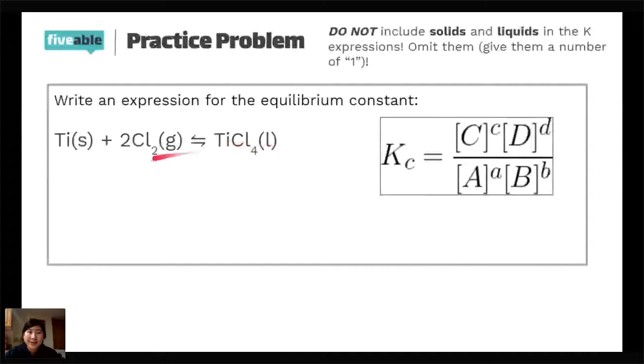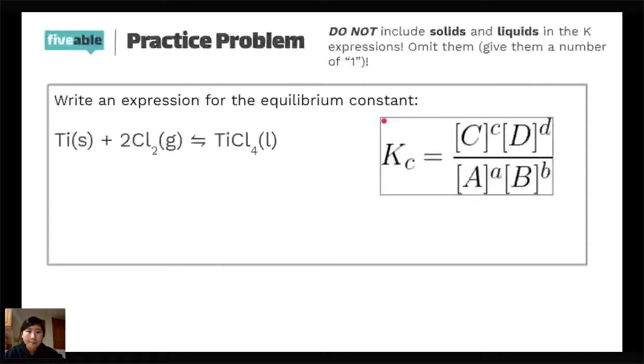How can you measure the concentration of a liquid when you are using that amount of liquid with another aqueous solution? It messes up the concentration. So if you ever see a solid or a liquid in your reversible reaction, just leave it out of the K expression. You're not going to give it a number of 0, you just give it a number of 1. I'm going to show you guys how it's done.